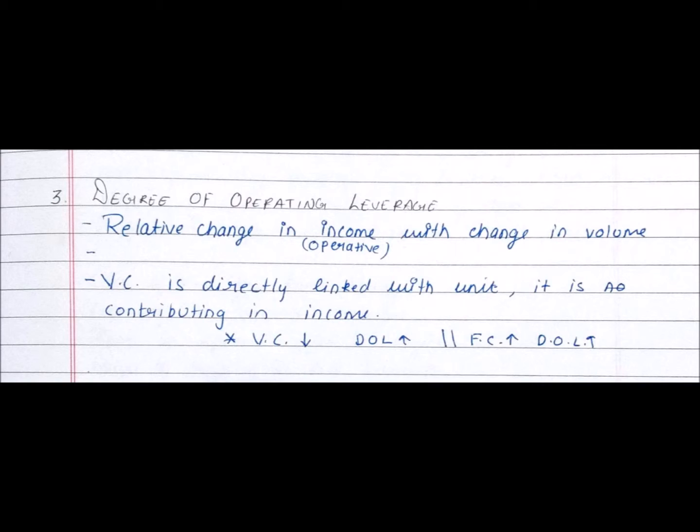So here my degree of operating leverage is very low. Whereas if my variable cost is less, I get a large amount of money to fund my fixed cost. So that's why my degree of operating leverage is more. So with less VC, that's variable cost, my DOL is higher, and with high FC, my DOL is low. So VC and FC are inversely proportional. So this is an example. Just go through it, and answers are given at the back.